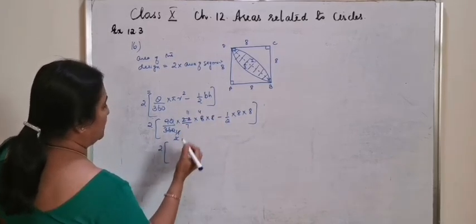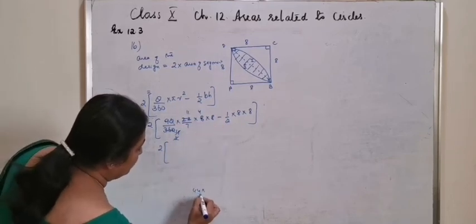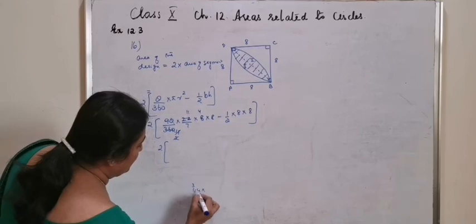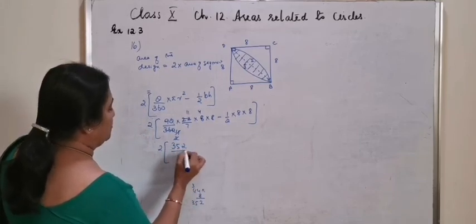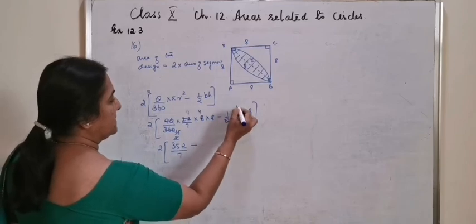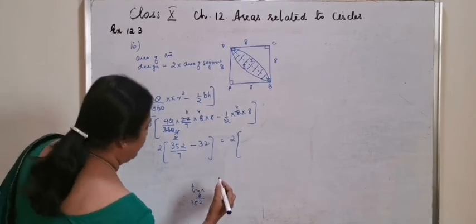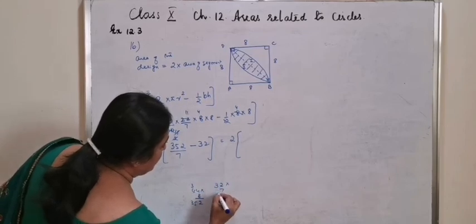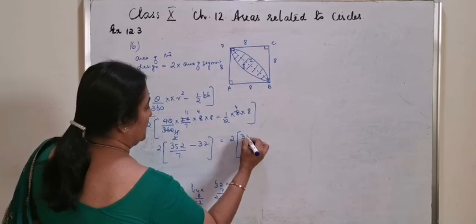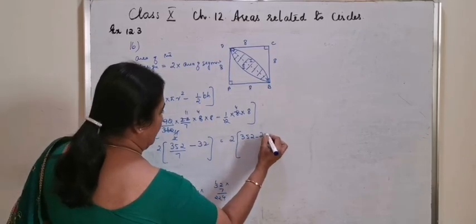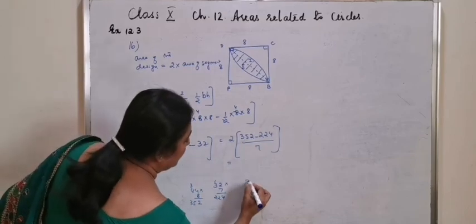So 2 into 11 4s are 44 into 8, 352 by 7 minus 32, by LCM 32 into 7, 224, 352 minus 224 divided by 7.